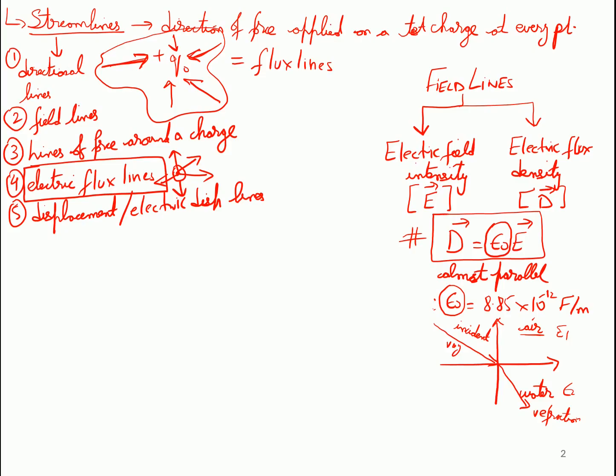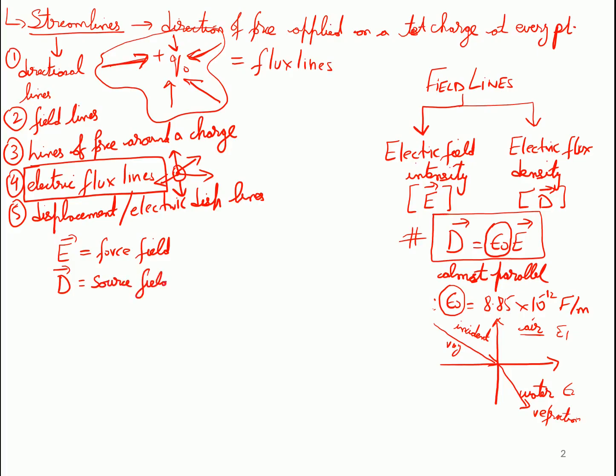We can say that the E field, or electric field intensity, acts as a force field, and electric flux density D, which is always going to exist whenever we have E, is basically acting as a source field.